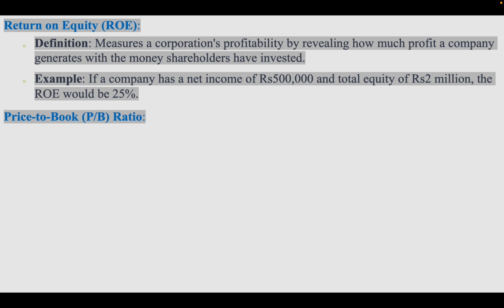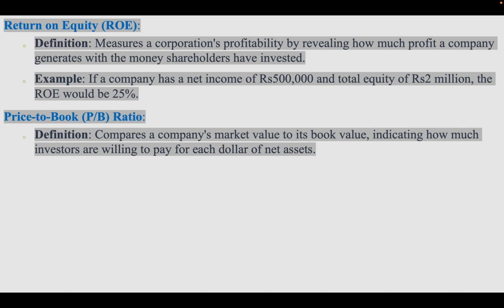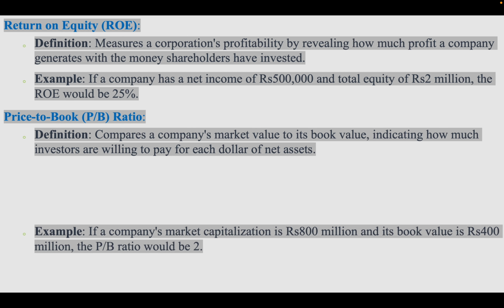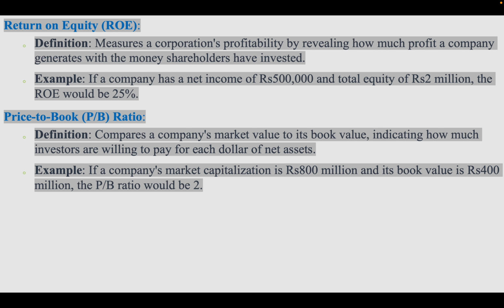Price to book, PB ratio. It compares a company's market value to its book value, indicating how much investors are willing to pay for each dollar of net assets. Example, if a company's market capitalization is rupees 800 million and its book value is rupees 400 million, the PB ratio would be 2.